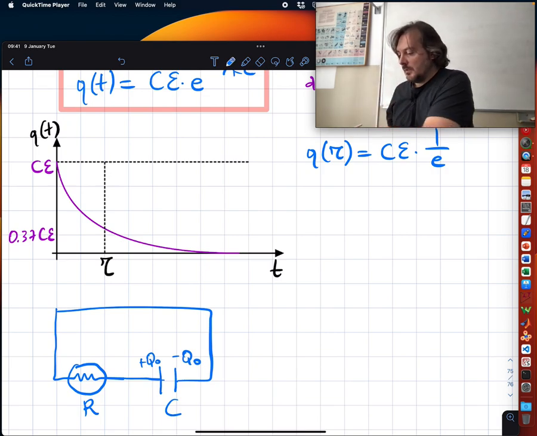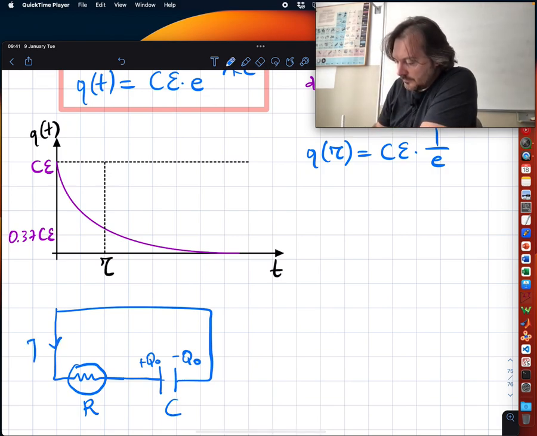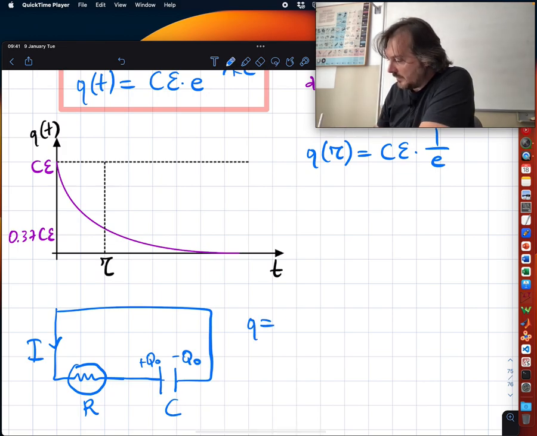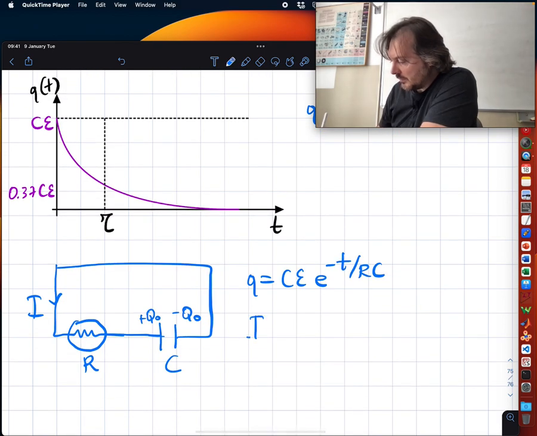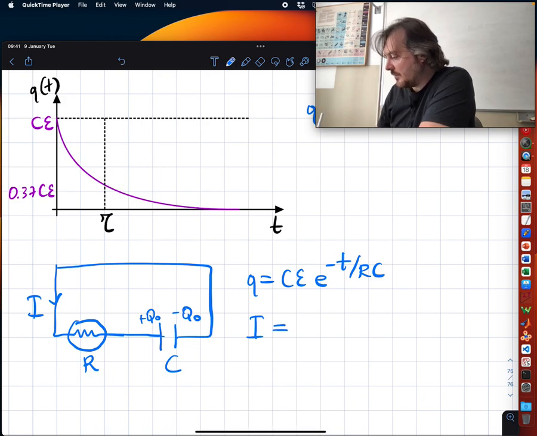So, the current here. Q is CE e to the minus t over RC, right? What is I? I is minus dq over dt. Why is I minus dq over dt?